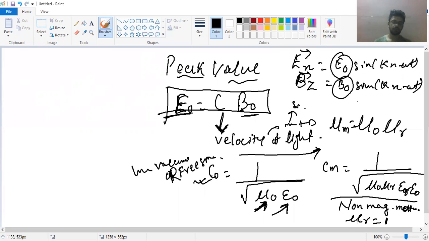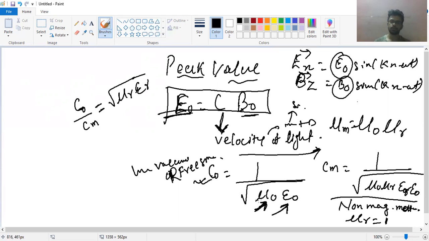So now going to the next topic. If we do some math over here, the velocity of light in free space divided by the velocity of light in any medium will be equal to the square root of mu r into epsilon r.